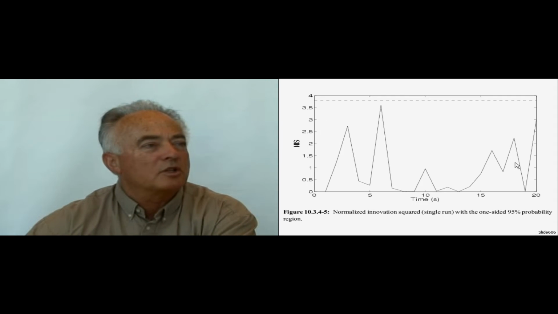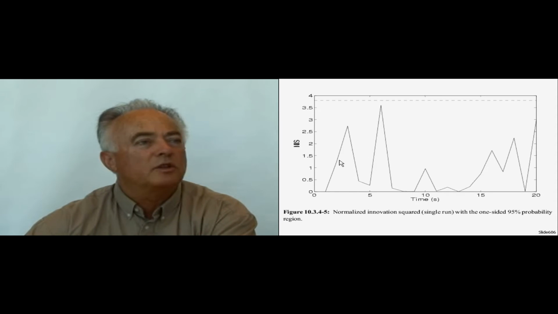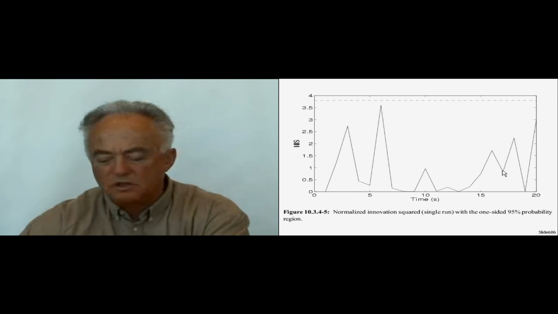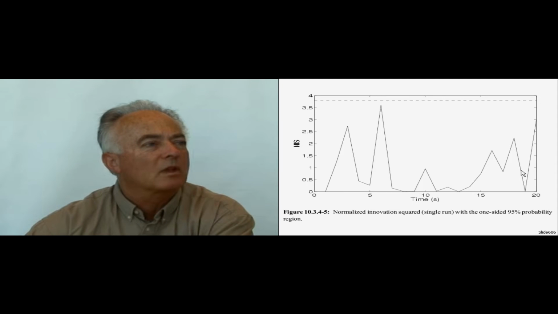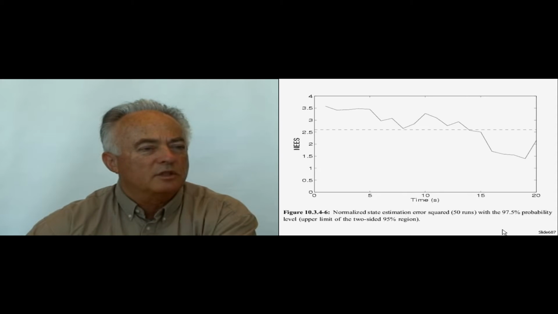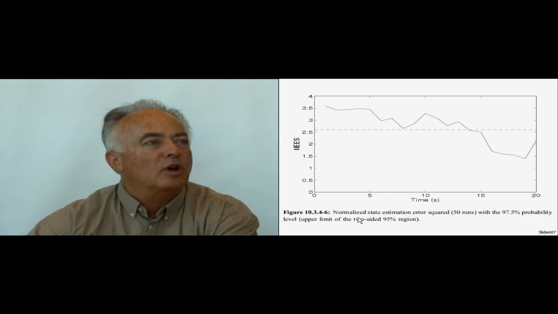And we have the normalized innovation squared. This is chi-square with 1 degree of freedom, and again its limit is 3.8, and on the average it should be 1. It stays within reasonable bounds. If we do 50 Monte Carlo runs, and we use a two-sided 95% region, the upper limit is 2.6.